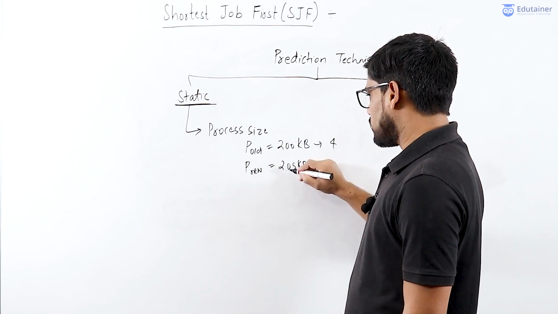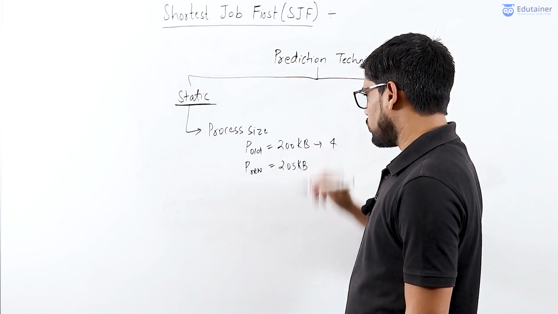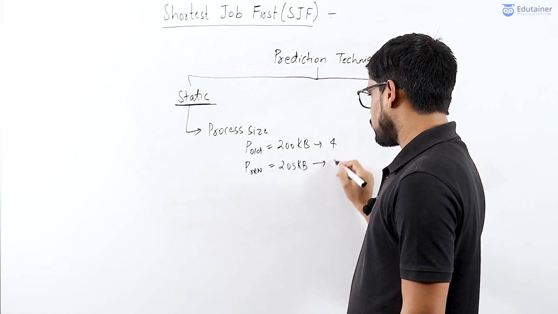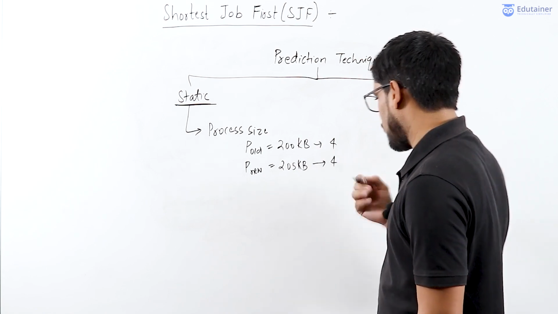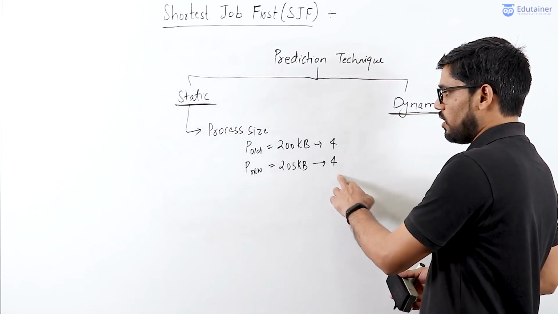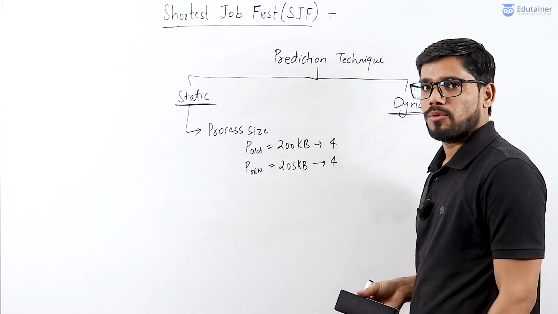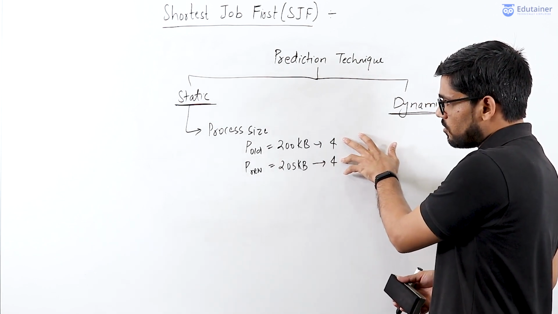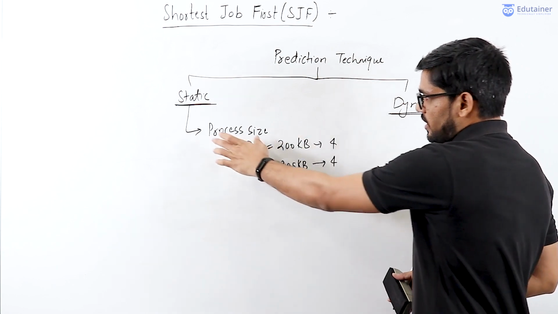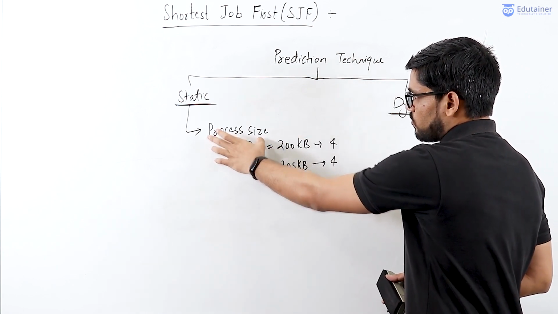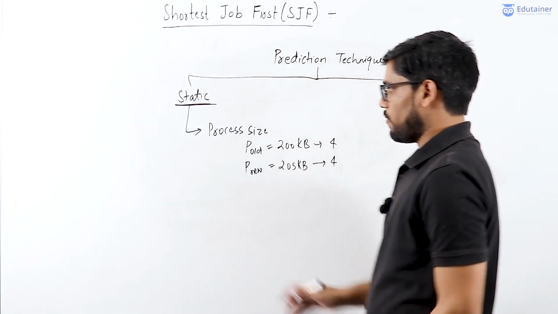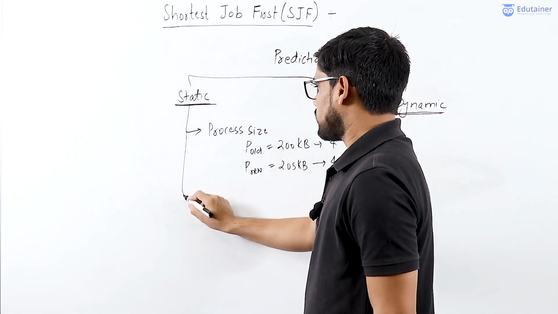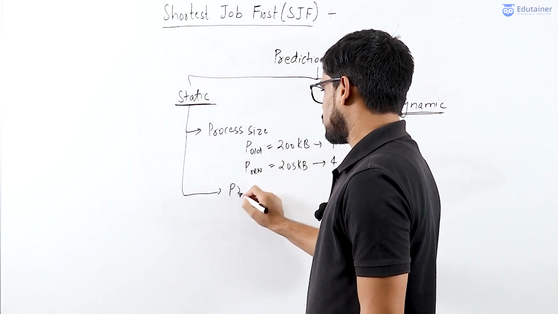Its size is very close to the previous old size. So here also we can allocate 4 units of time to the new process. So this is the method used in the static prediction technique, known as based on process size. And the next classification is process type.